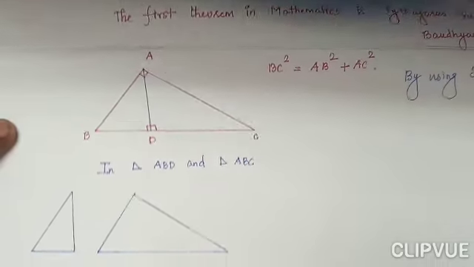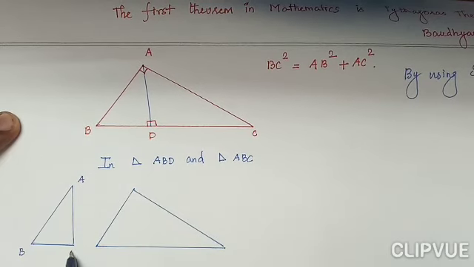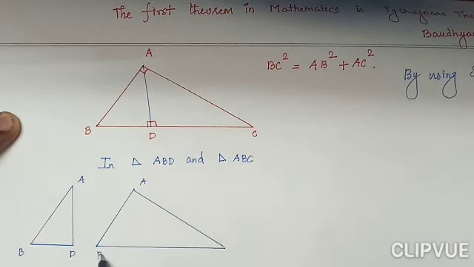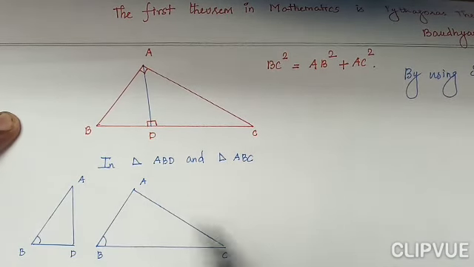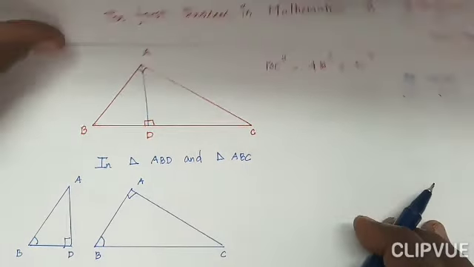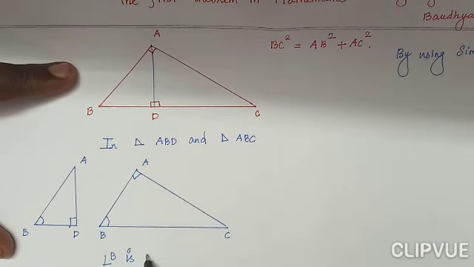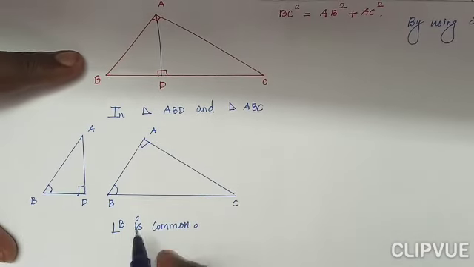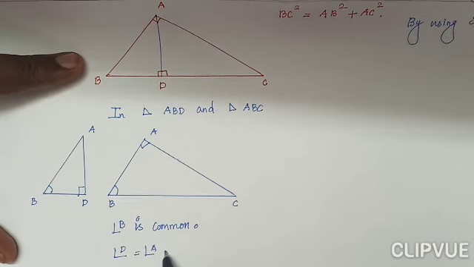Okay, so this is ABD, this is ABC. Here B is a common angle, angle D is 90 degree, and here angle A is 90 degree. So angle B is common, and angle D is equal to angle A is equal to 90 degree.